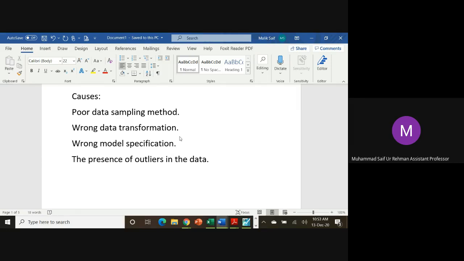You are familiar with outliers. If there are some very big or huge values, and some very small values in the data as compared to the other values, those big and small values distort the data. Therefore, if there are outliers in the data, the problem of heteroscedasticity may be there.